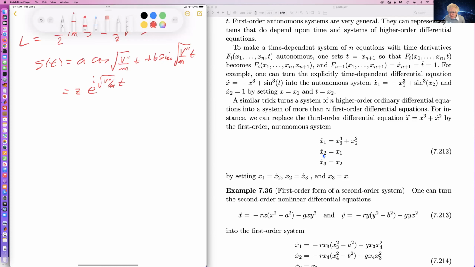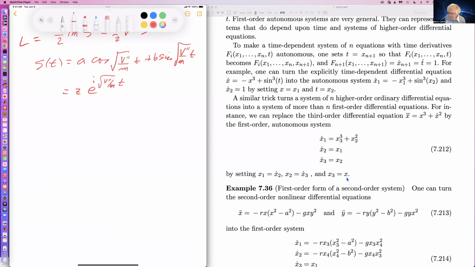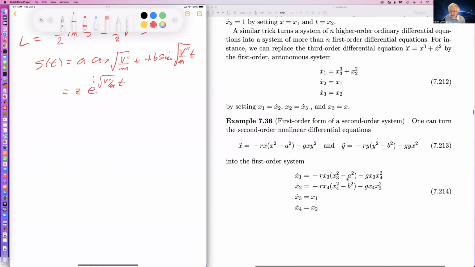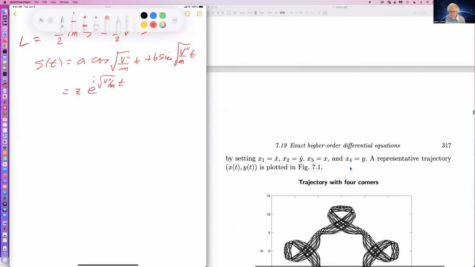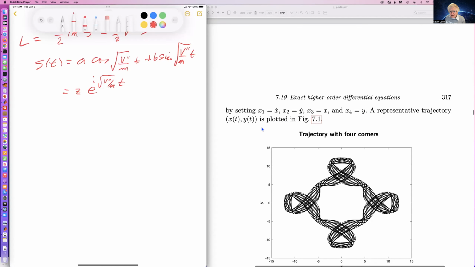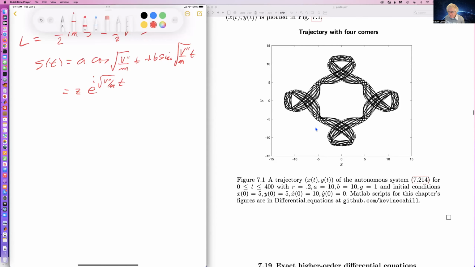Well, x1 dot is x2 double dot, and x2 double dot is x3 triple dot, but that's x triple dot. And that's the way you make it work. And in this example, I took these second order nonlinear differential equations, turned them into a first order system, making these changes, and it then gave me this expression here.